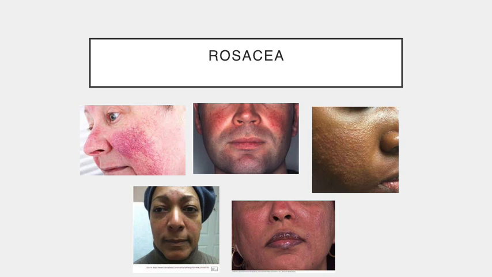This flushing and dilating can also be triggered by the immune system and exposure to UV light, and other involvement may include the eyelid and also the conjunctiva.